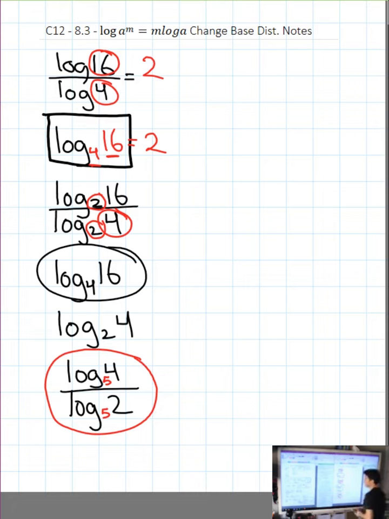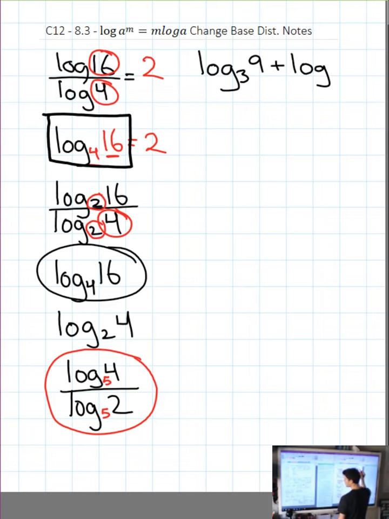So let's take a look at one last rule. It's going to be rule 6 before we take a look at rule 4 and 5. So let's say I have log base 3 of 9 plus log base 9 of 2. So I need to have the same base.